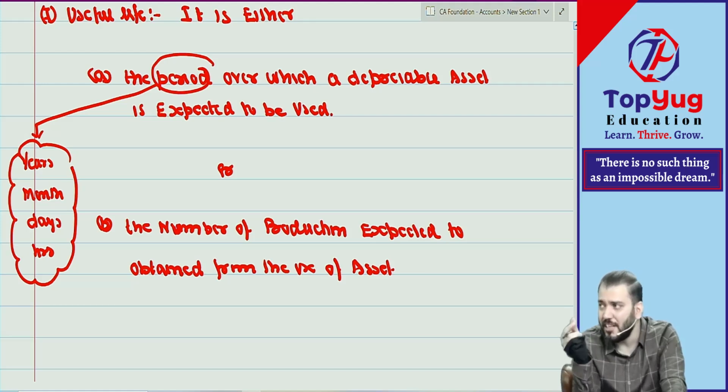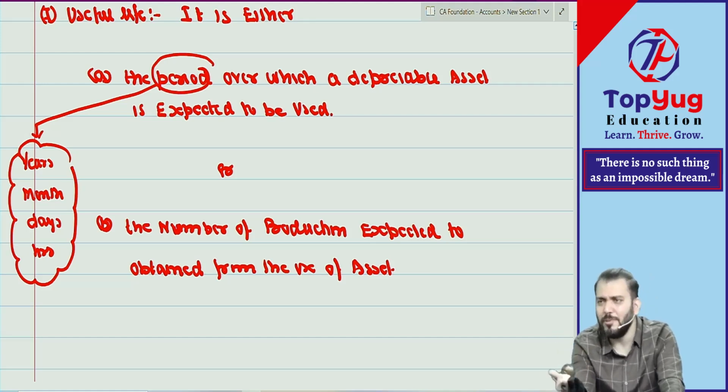This lens can be used only for 1000 hours. Once we consume 1000 hours, this lens requires replacement. So the useful life of this lens is 1000 hours. So this period can be calculated based on years, months, days or hours, whichever is given in the question.